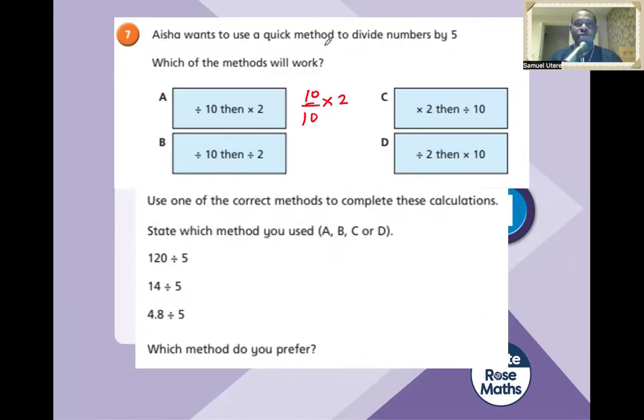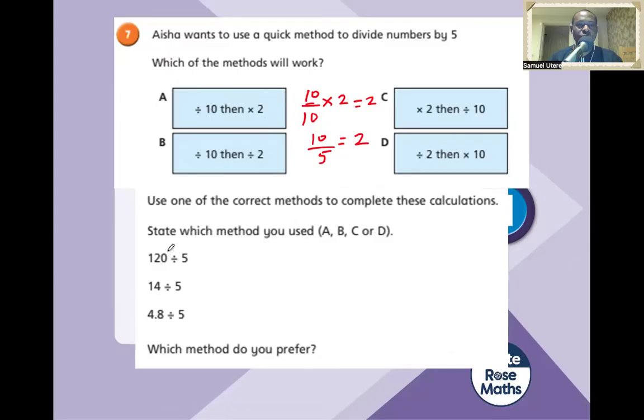Aisha wants a quick method to divide numbers by 5, so it's divide by 10, times by 2. This will be equal to 2, which is the same thing as saying 10 divided by 5, which is equal to 2. So perhaps this is a really quick way to do it: you divide the number by 10 and you multiply by 2.